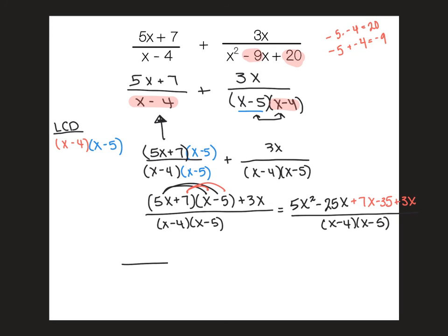Then I want to combine any like terms that I can. If I start with my x squareds, I just have 5x squared. Then I have -25x plus 7x plus 3x. Altogether, that's -15x.